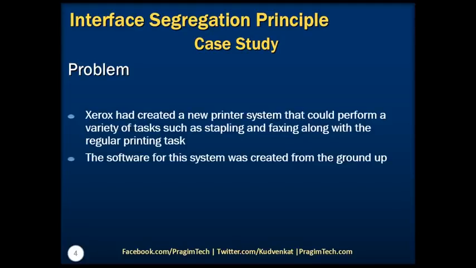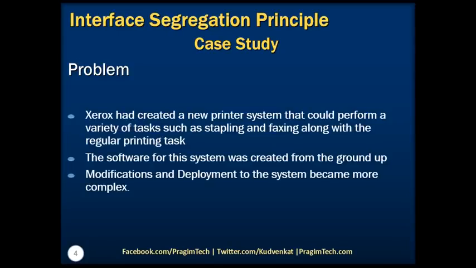The software for this system was created from the ground up. As the software grew, making modifications became more difficult, so that even the smallest change would take a redeployment cycle of an hour, which made development nearly impossible.